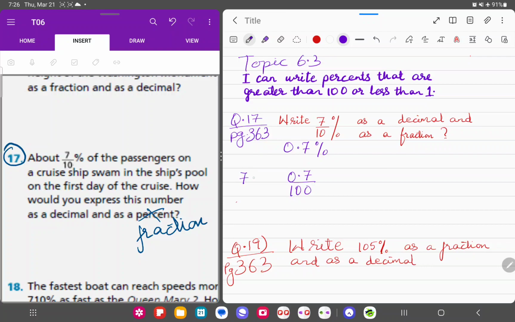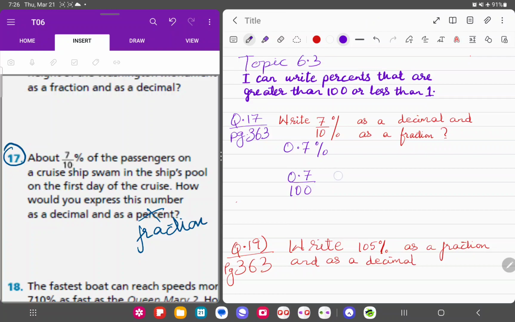Because when I were going to say 7%, I write it as 7 over 100. So when it is 0.7%, it will be 0.7 over 100, okay? So you have here 0.7 over 100.